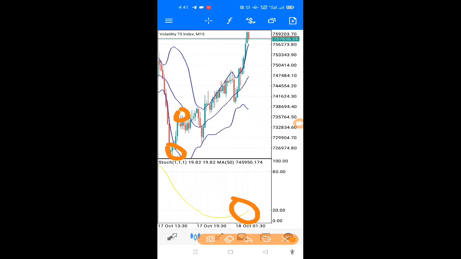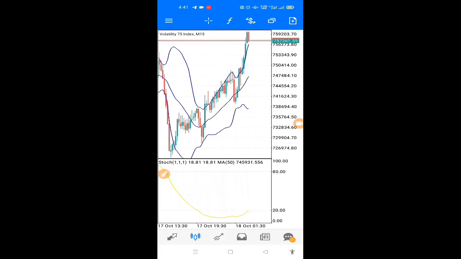On an account of $100, you can be making $50, $20 every day with the lower lots that is not going to harm your account, and you can be very sure of the market hitting the take profit straight away like that all the time. So don't forget, don't make entry where you're supposed not to make entry, and make sure that you close position as advised.